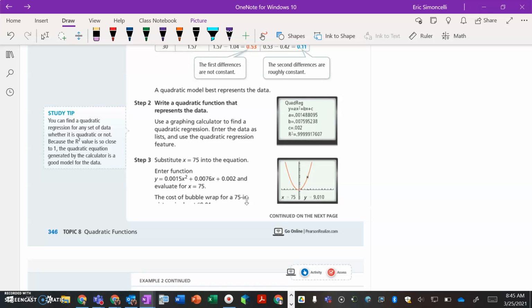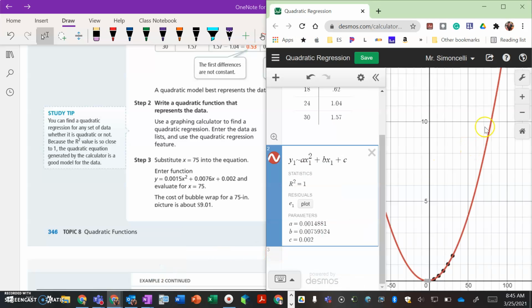And as you'll see here, they get 9.01. My answer was more accurate, and if you recall, I'll just go back to it. We had said that at 75 we had 8.94. They have $9.01. I have $8.94.